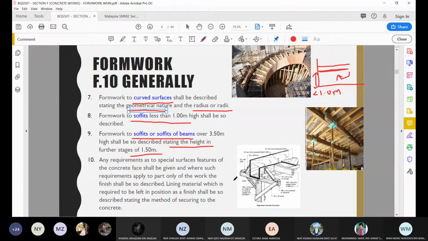Ni maksudnya any requirement as to a special surface features of the concrete shall be given. Maksudnya katakanlah ada special surface features, okay, of the concrete face tu. Maksudnya perlu buat design macam mana, okay, ataupun formwork kita tu perlu kita design according to the concrete face yang kita nak. Macam acuan kan, acuan dia berbentuk macam mana.